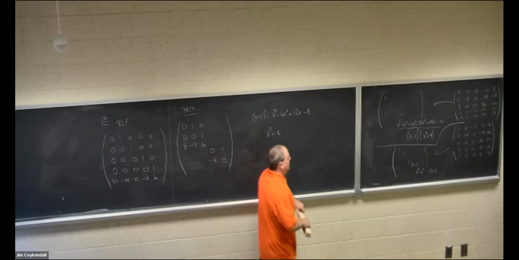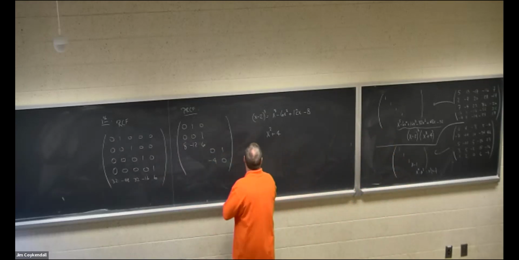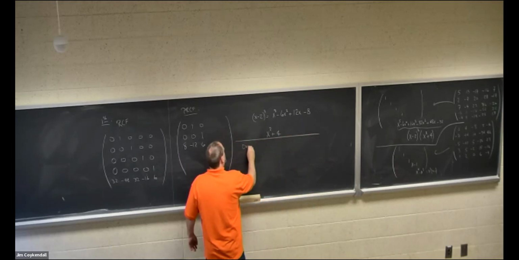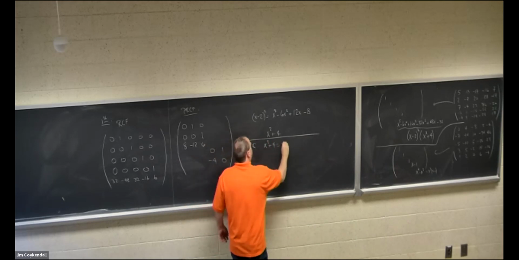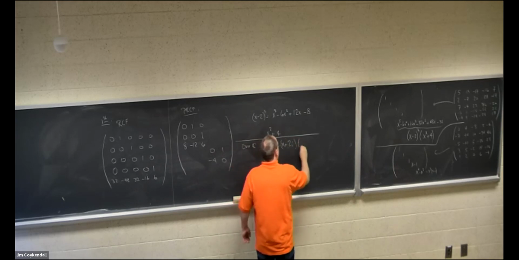Okay. No Jordan form over Q, but over C, x squared plus 4 is x plus 2i times x minus 2i.